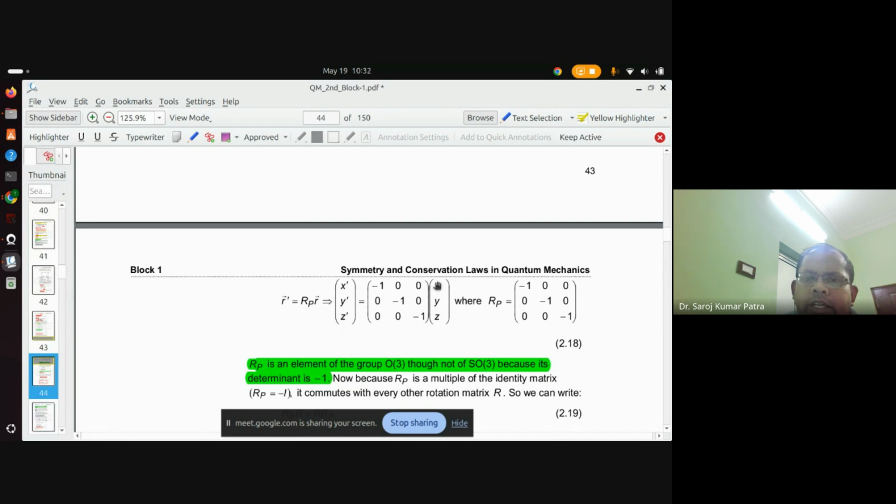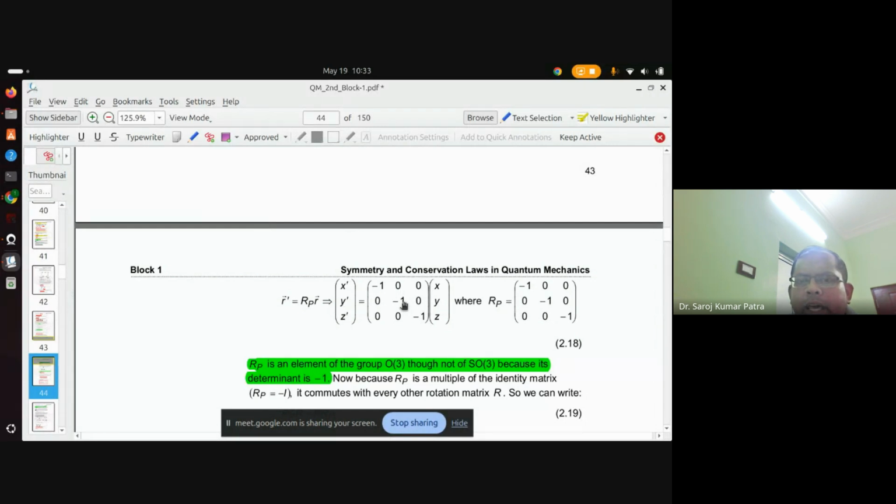So this will basically transform x into minus x, y into minus y, z into minus z. So x prime, y prime, z prime will give minus x, minus y, minus z. This is the form of the parity operator.